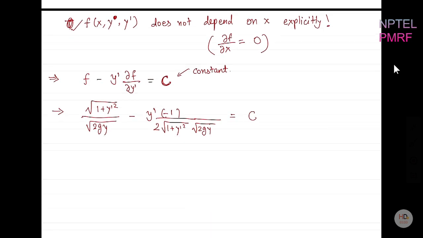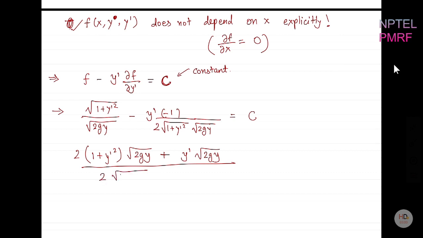If you play with it, this becomes just cross multiplication: 1 plus y prime square, 2 times square root of 2gy, minus y prime, actually plus square root of 2gy, divided by 2 square root of 1 plus y prime square and 2gy. This entire thing is equal to a constant.